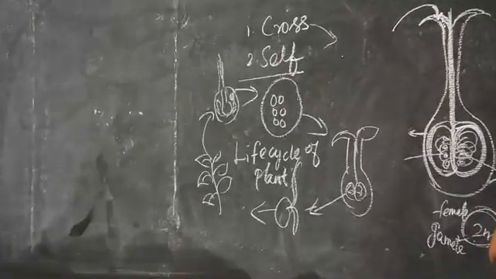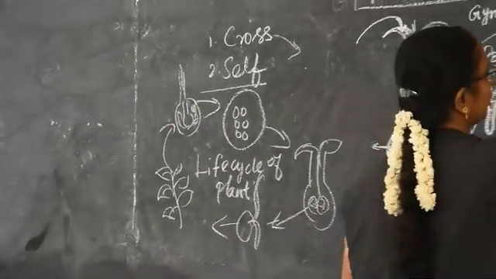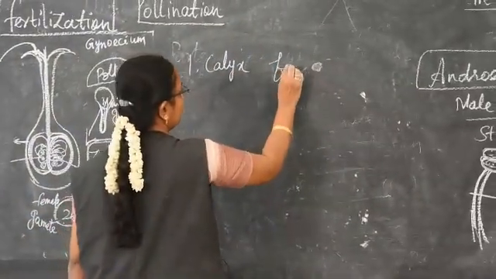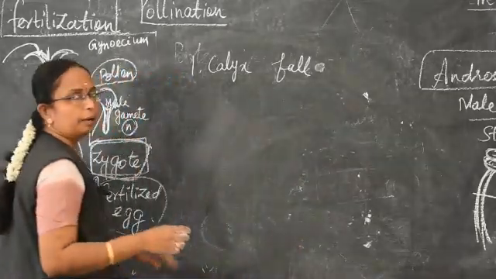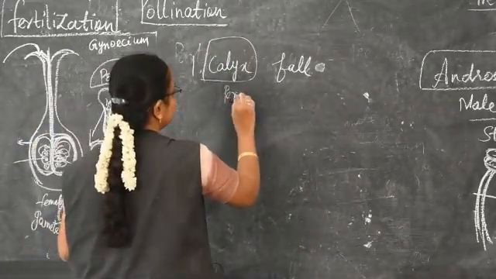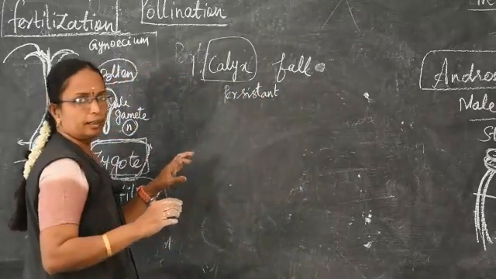So, after pollination and fertilization, the calyx withers off. The calyx withers or falls off from the plant. But sometimes the calyx may remain persistent. It is there in the plant itself.